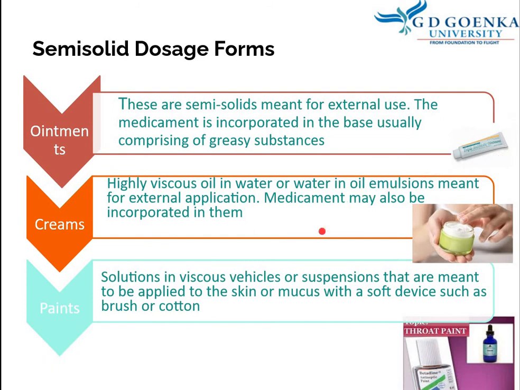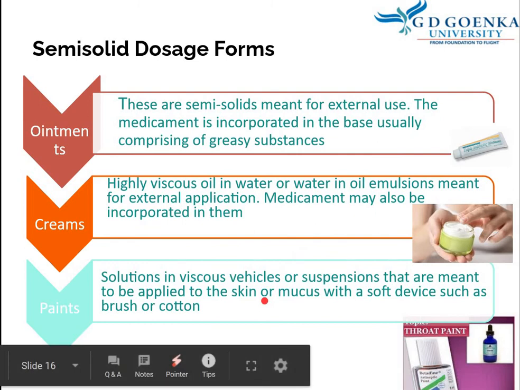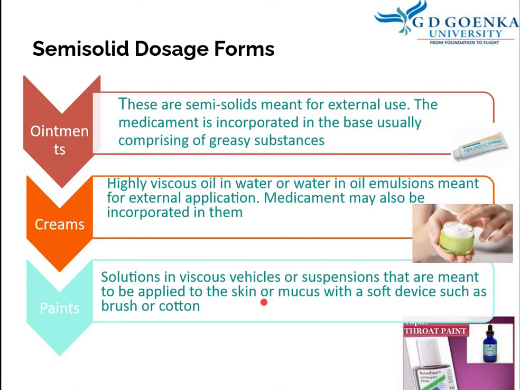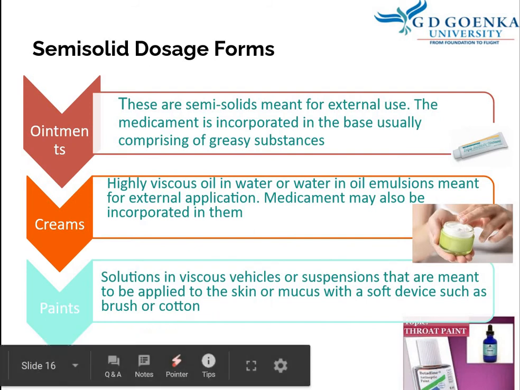Creams are highly viscous oil in water or water in oil emulsions meant for external application. Medicament may also be incorporated in them. Paints are solutions in viscous vehicles or suspensions that are meant to be applied to the skin or mucosa with a soft device, such as a brush or cotton.